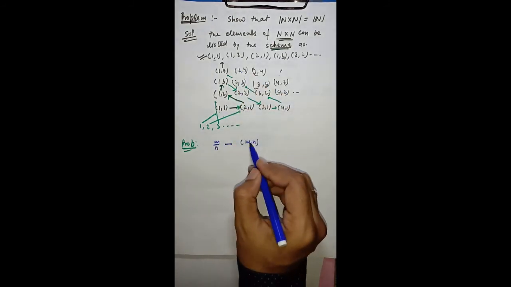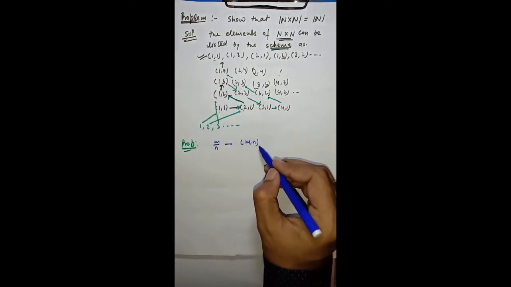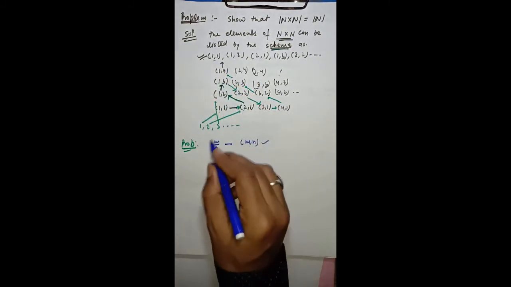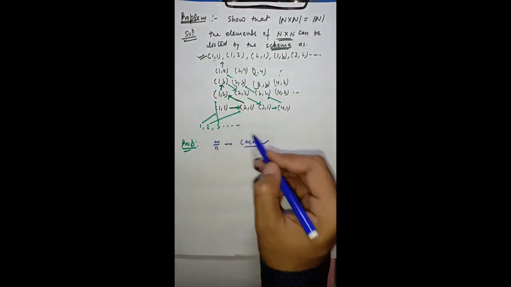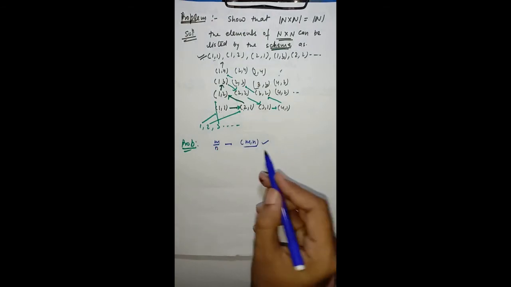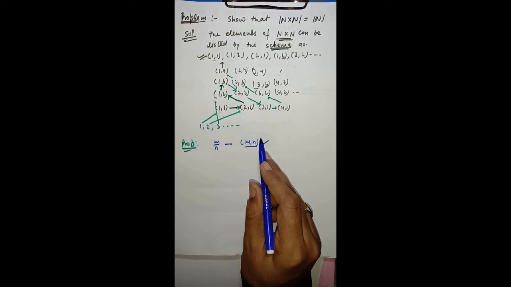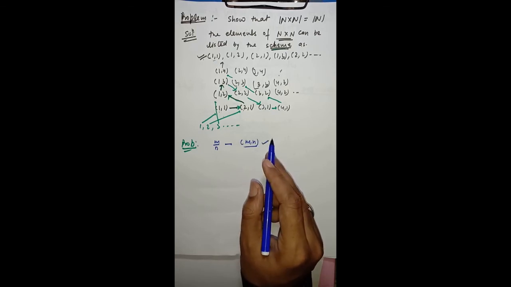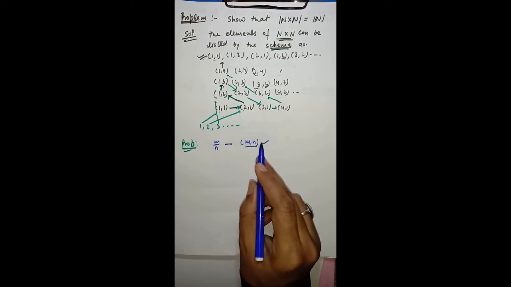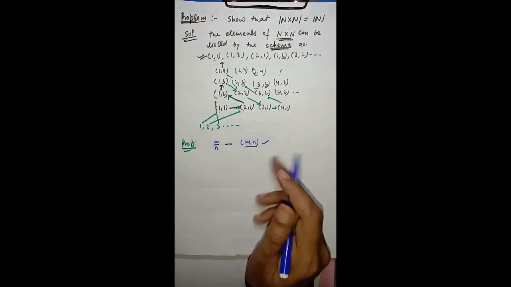Now arrange these rational numbers in this scheme, and if we are able to arrange all the rational numbers in this scheme, that means we have a 1-1 correspondence. So we can say that the set of positive rational numbers is a countable set.